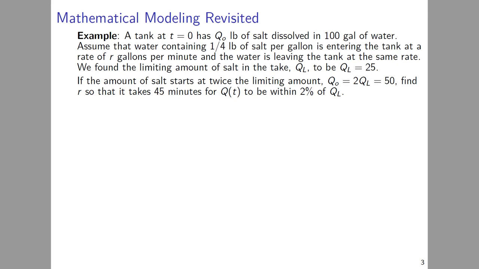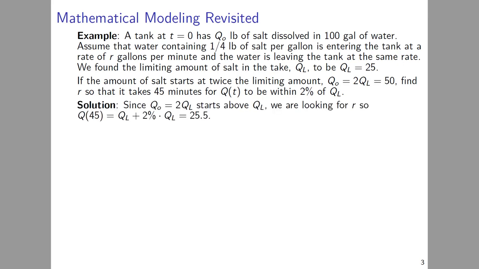To start solving this, let's observe that q naught equal to 2 times ql starts above the limiting amount 25. So we are looking for the rate r so that q of 45 is equal to ql plus 2% of ql. In other words, equal to 25.5. This is because the initial amount starts above 25 and will be decreasing down towards it.